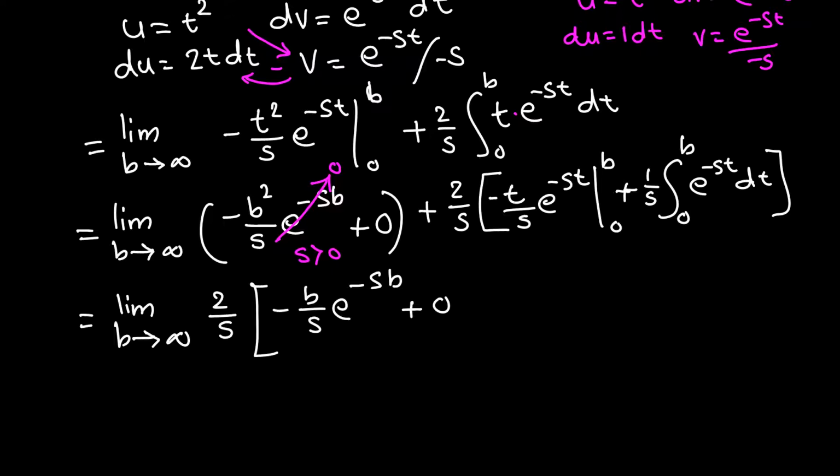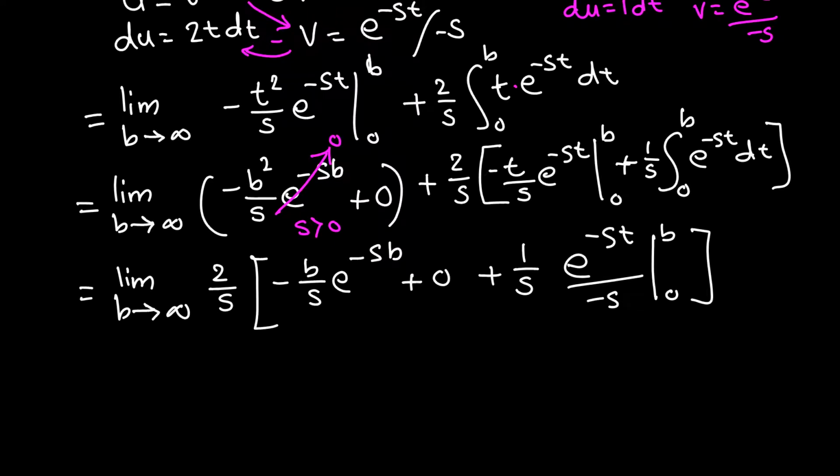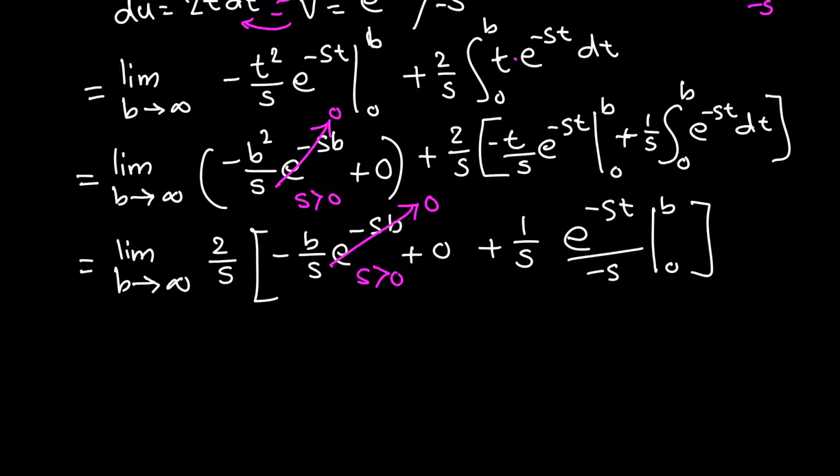Okay, that's upper limit minus lower limit, plus 1 over s. Now we can integrate this e to the negative st over negative s, and we are going from 0 to b. Like here, this goes to 0 as well when s is positive, because this becomes e to the negative infinity.